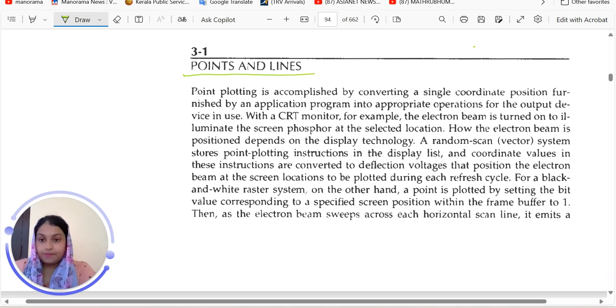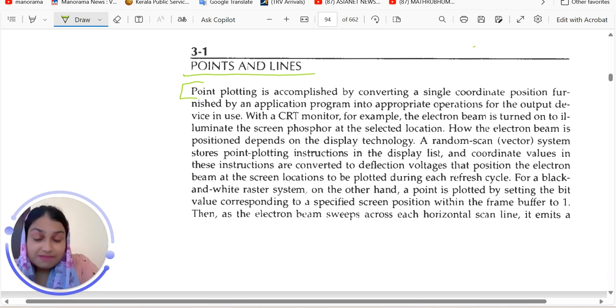Points and lines. Point plotting is accomplished by converting a single coordinate position furnished by an application program into appropriate operations for the output device in use. With a CRT monitor, for example, the electron beam is turned on to illuminate the screen phosphor at the selected location.